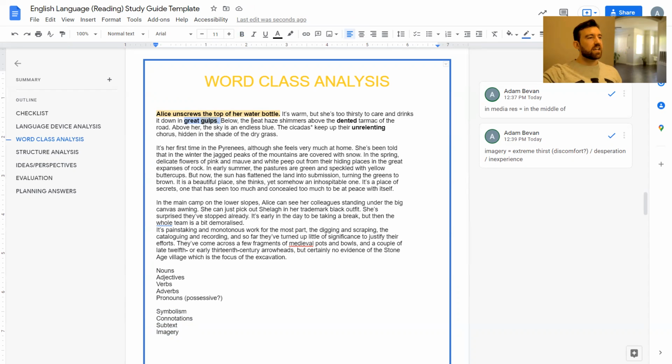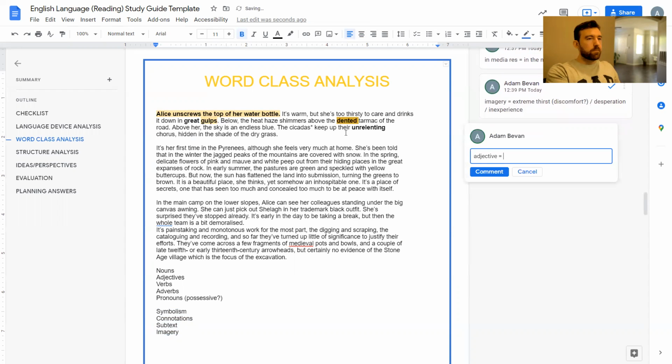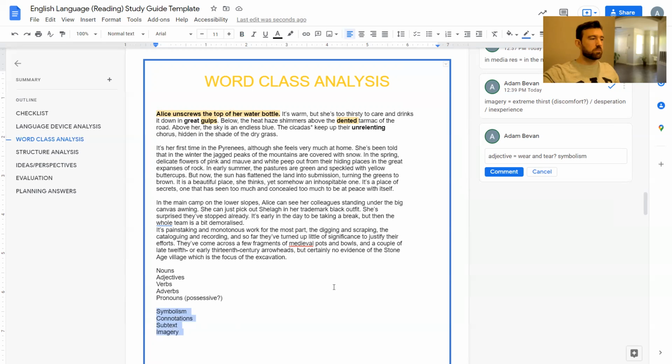Below, the heat haze shimmers above the dented tarmac of the road. So this is an adjective choice. And the fact that the tarmac here is dented, it suggests kind of wear and tear, or maybe it could even be, if we think about the symbolism now, because like I told you, I'm thinking about this all the time, symbolism, connotation, subtext, imagery.